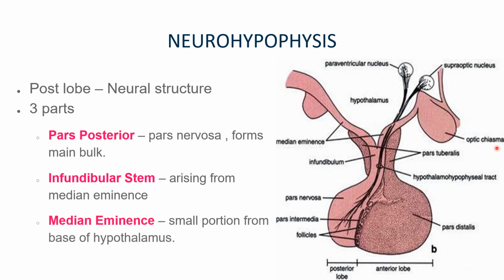and the third part is the median eminence. So it is a small protrusion from the base of the hypothalamus. It is situated under the third ventricle, and it is highly vascular.